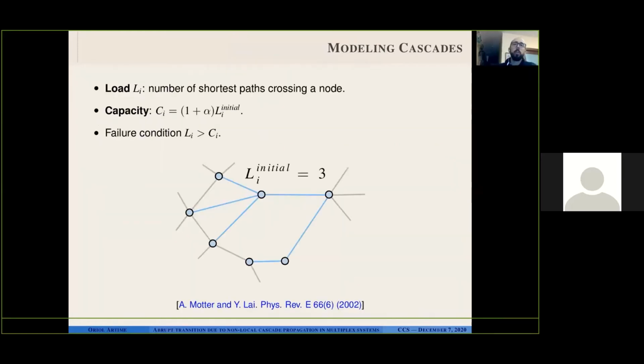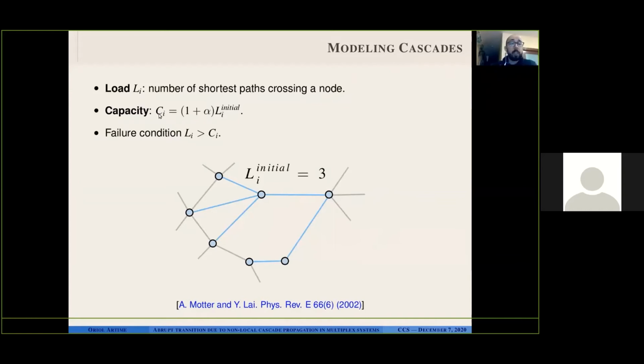So now let me introduce a model that can explain this non-local propagation of perturbations, which is the following. Let's assume that every node has a load, which is the number of shortest paths crossing the node, and has a capacity, which is a fixed quantity proportional to the initial load.